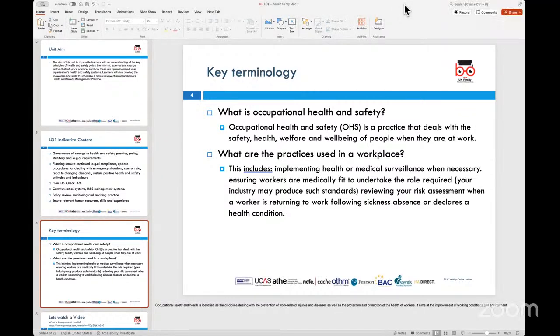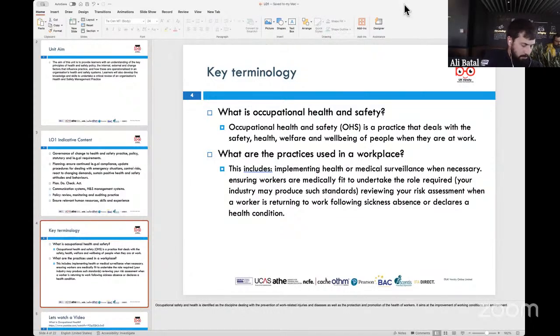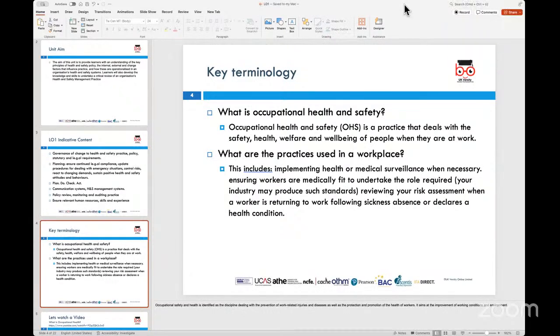So I gave an example of COVID. COVID, as a recent example which we have seen in the last few years, was directly related to occupational health and safety. This was primarily due to the fact that the 2 meter distancing rule and wearing of the mask were required as a compliance. That was introduced by various governments as a regulation across the world.